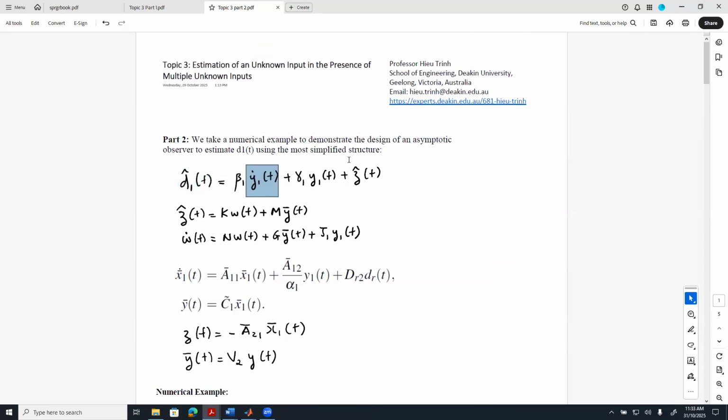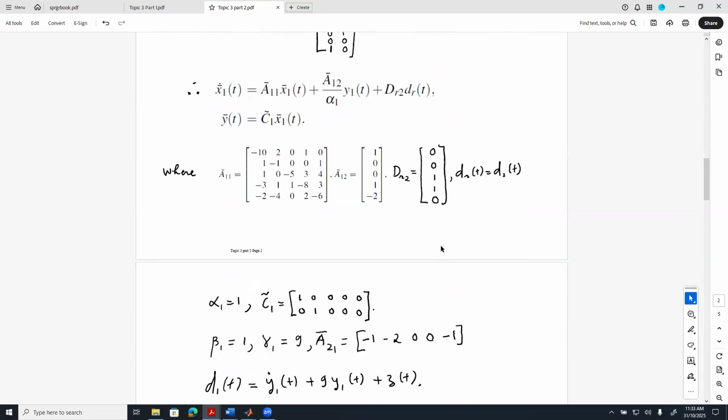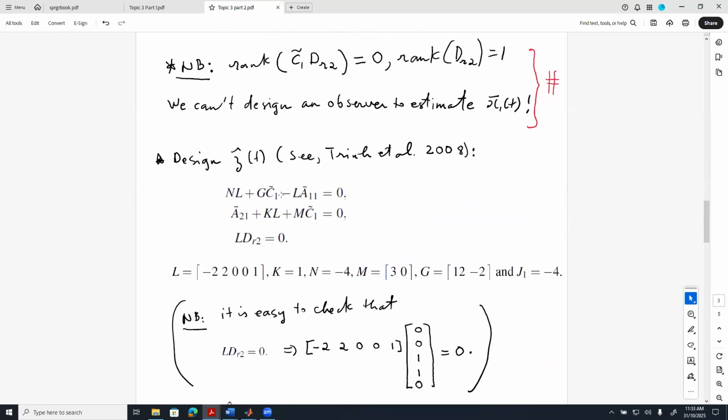And so in that situation, we don't need to estimate the entire state vector, and therefore we can get away with the observer matching condition requirement. Okay. And the way to solve for those unknown matrices can be done based on the reference here.